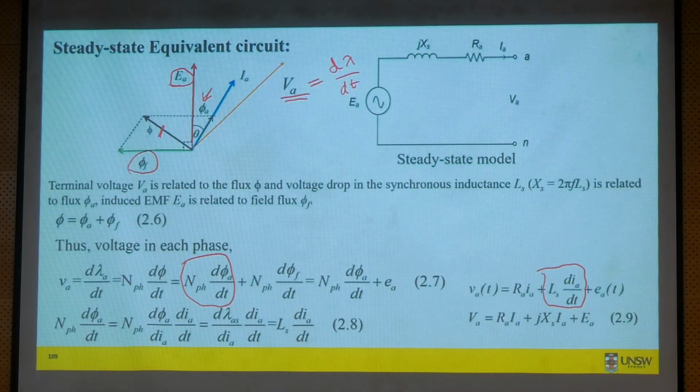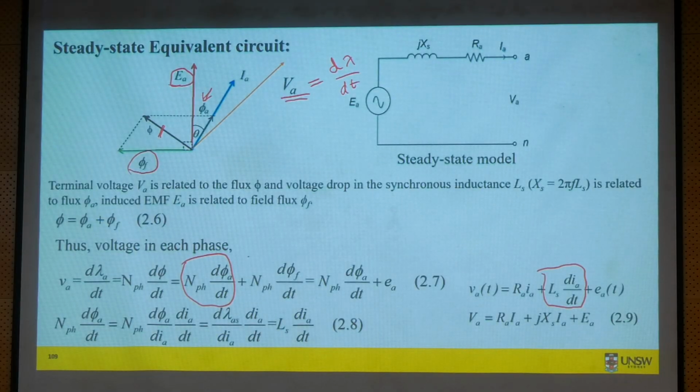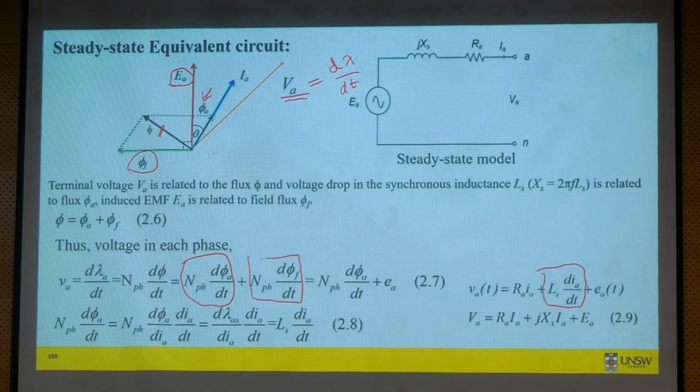Okay? And the flux linkage related to your rotor flux is your back EMF, EA, and then you could have a resistance, okay, in the winding. So R_A I_A is just a resistive drop.